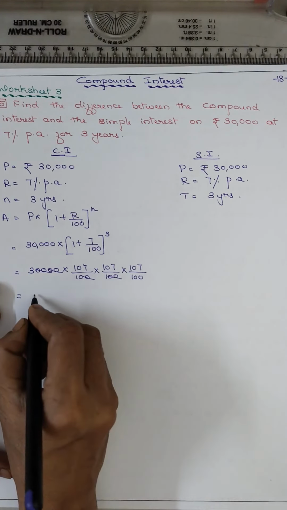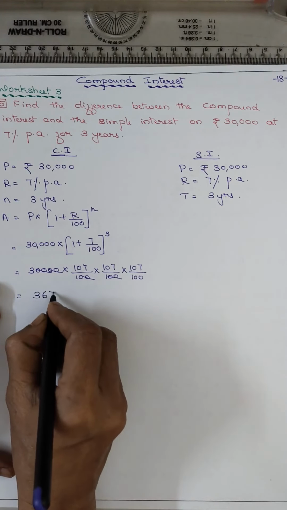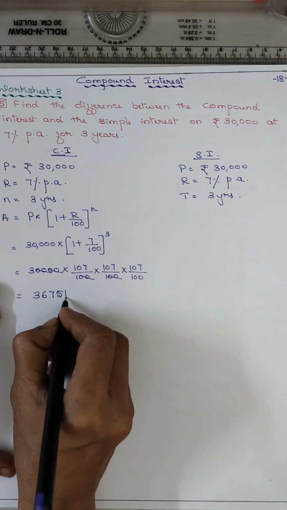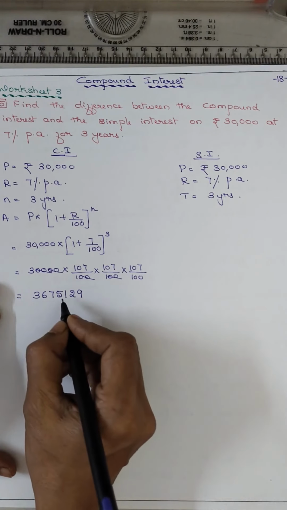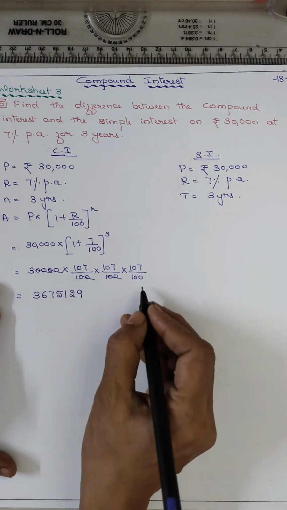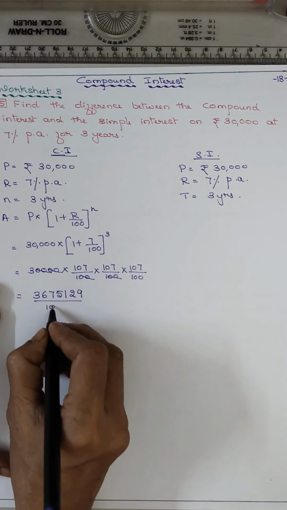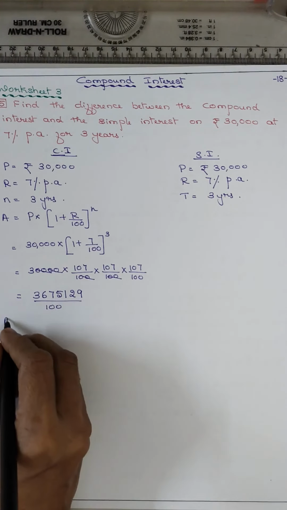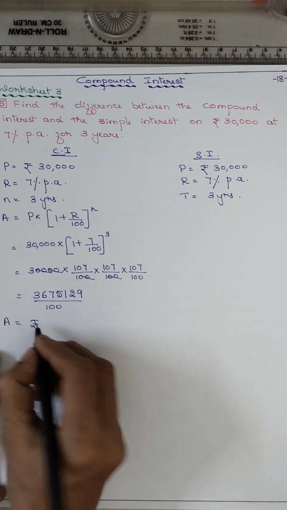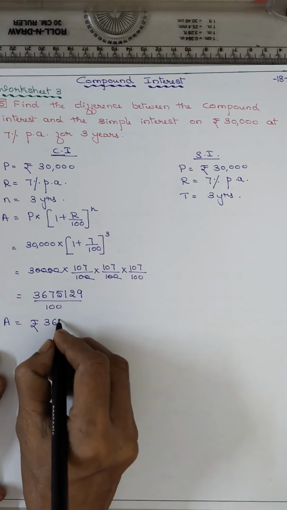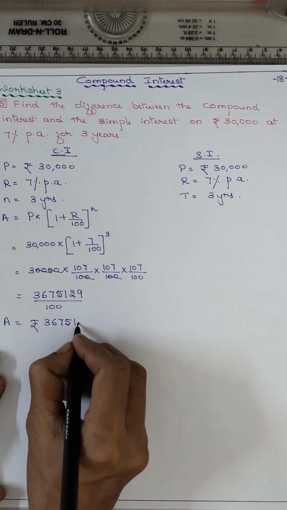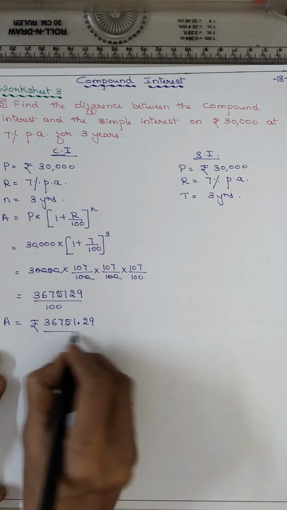You get 3675129 upon 100. That means A is equal to, 2 zeros, 2 decimal, so 36751.29.